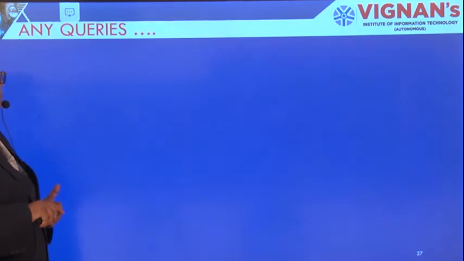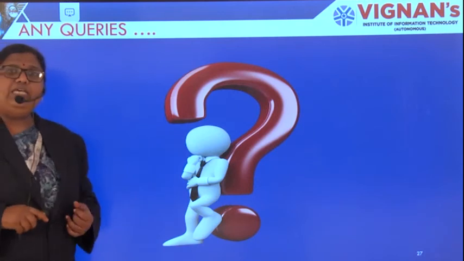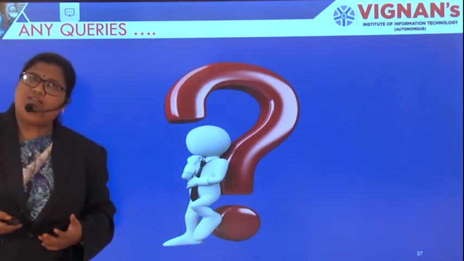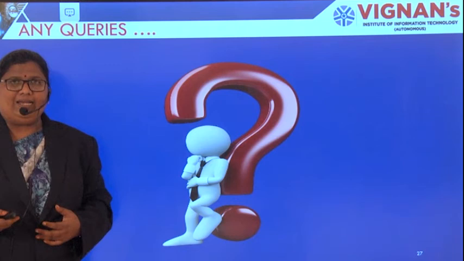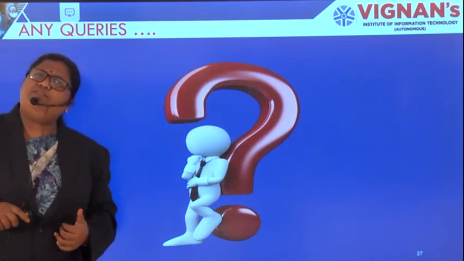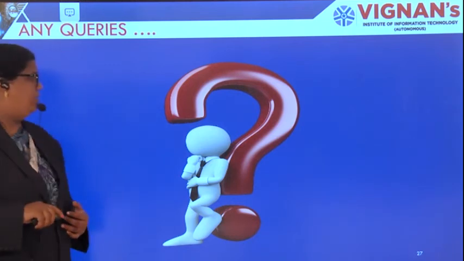Any doubts? If you have any queries, you can mail me. After you join here, we'll be giving you our mail IDs, so that if you have any queries, you can mail us, and we will respond immediately.